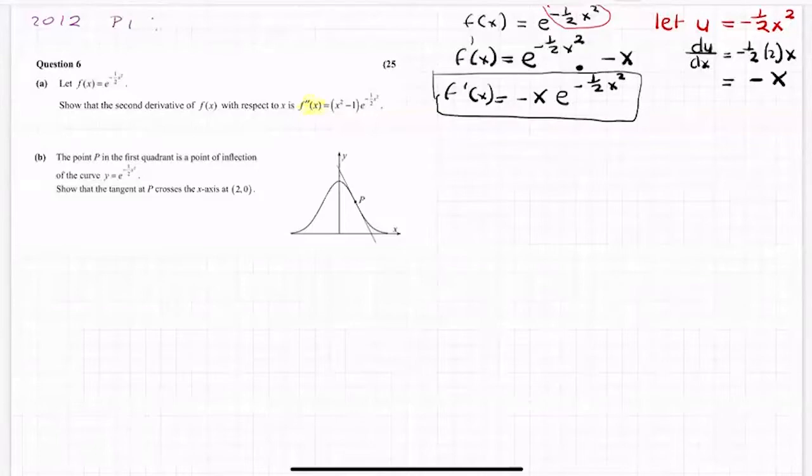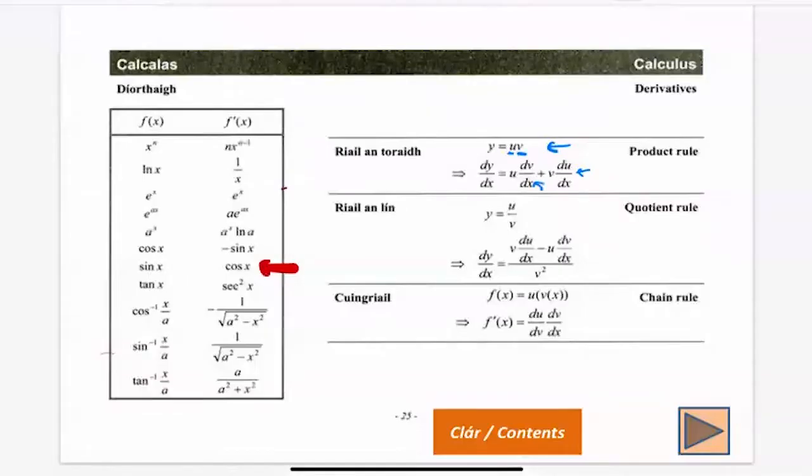Okay, now just to be able to see that, if you couldn't see it, what exactly am I doing? So a formal way of doing it is when I let u here equal to minus a half x squared, I could have written f of x as e to the power of u. Okay, so therefore dy du in that case is, you can see from the log tables, e to the power of u, e to the power of x remains the same.